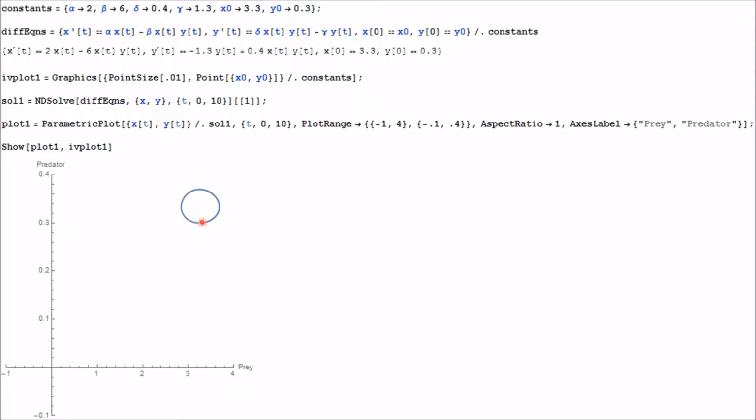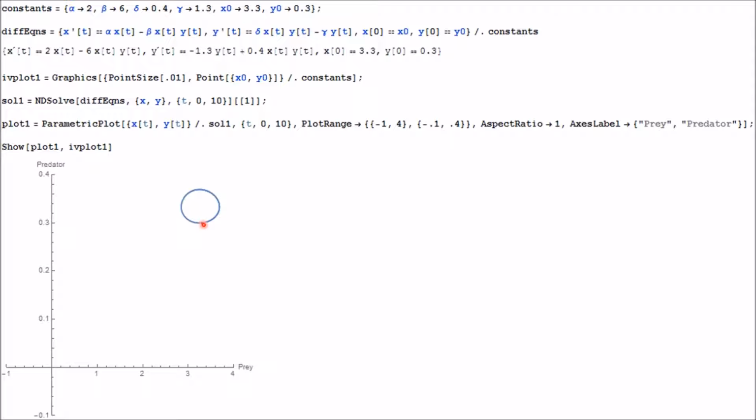3,300 prey, 300 predators. What happened was because there were relatively fewer predators than equilibrium, the prey were flourishing. The prey were flourishing because they weren't getting eaten quite so much, with the predator population being small.